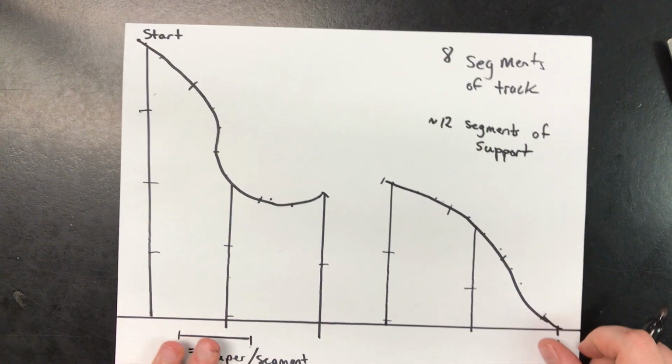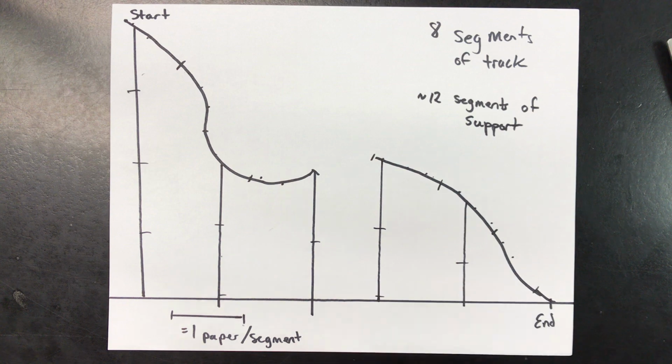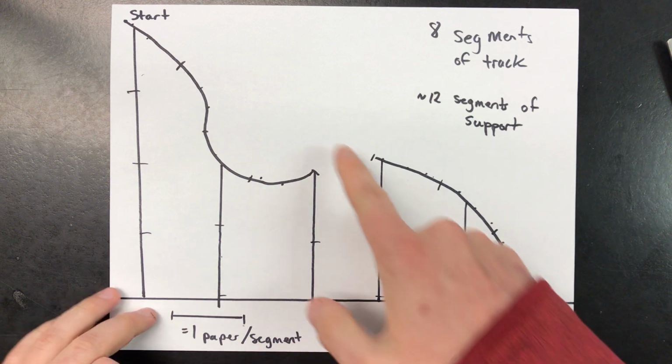Okay, and there you go. That's how you draw a roller coaster plan to scale. And this here is a jump.